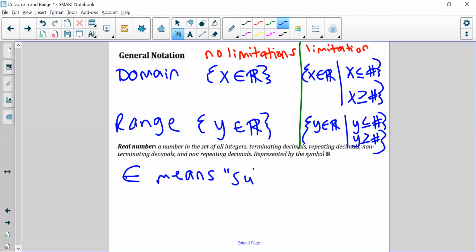Miss Reed, could you just explain what those symbols are under no limitations and under limitations? So actually it's probably going to be easiest, guys, take a screenshot of this here just for a minute, because we're actually going to use it.